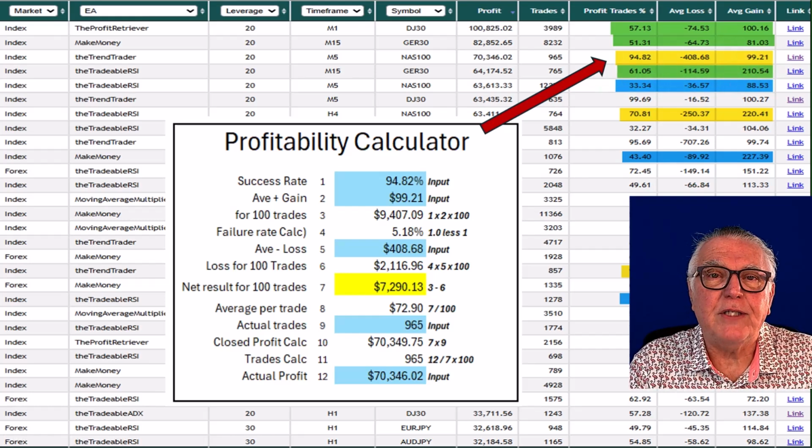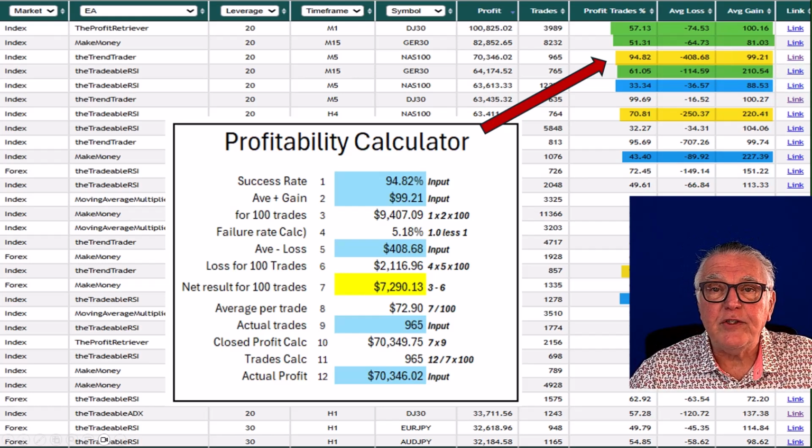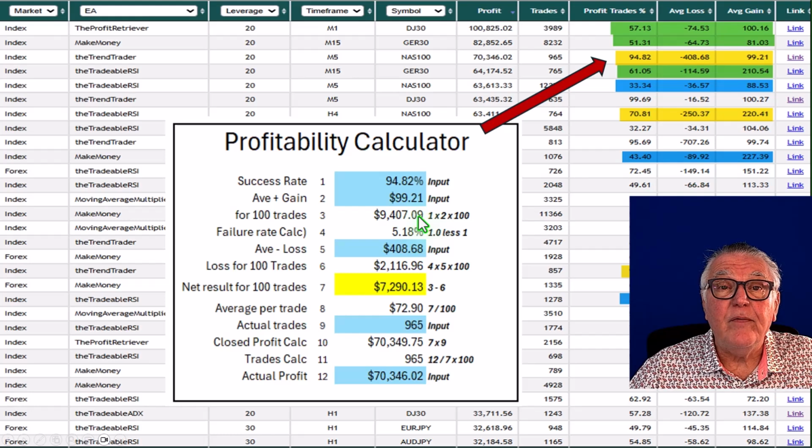So let's plug those items into the profitability calculator and let's see how the strategy is explained. So we're saying we have a success rate, the average gain is that, therefore the gains, if you multiply the success rate with the gains, you will get that for 100 trades.